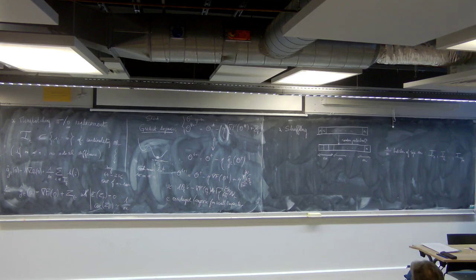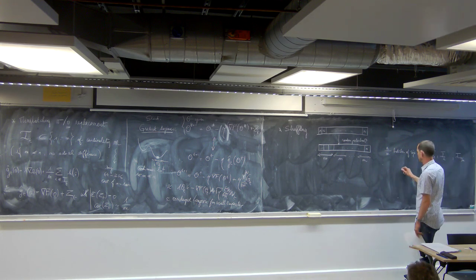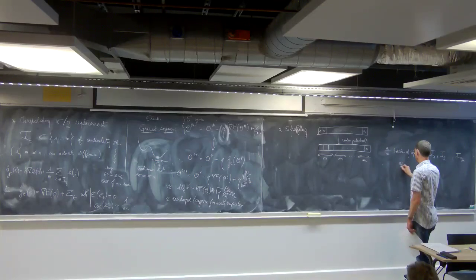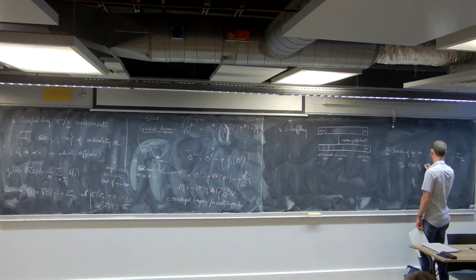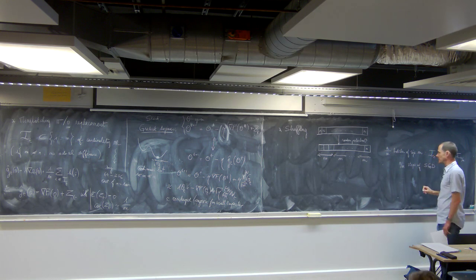Of course, I'm pretending that n over m is an integer. And so you will do n over m steps of the stochastic gradient dynamics. You will update theta with a gradient that's estimated with the points in I1, then update again with the points in I2, and so on and so forth.